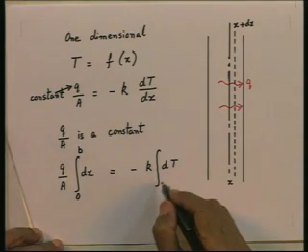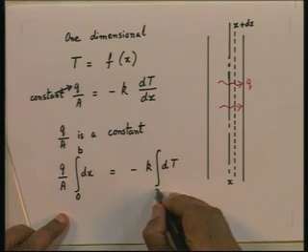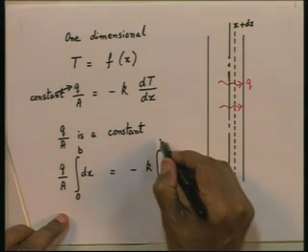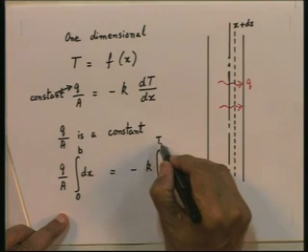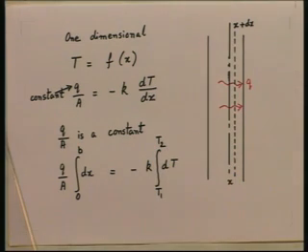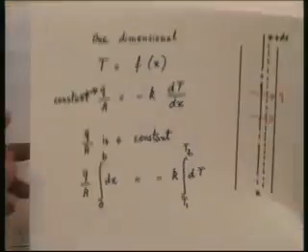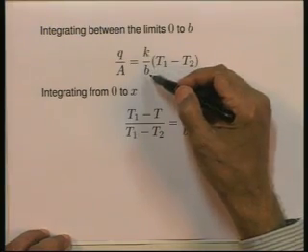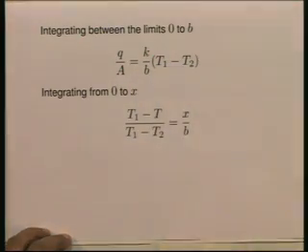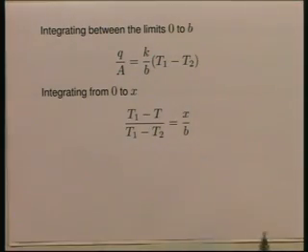At x equal to 0 the temperature of the face is T1, at x equal to b the temperature is T2. If we integrate it, we get the expression q by a is equal to k by b into T1 minus T2. This is the expression for the rate at which heat flows across the slab.